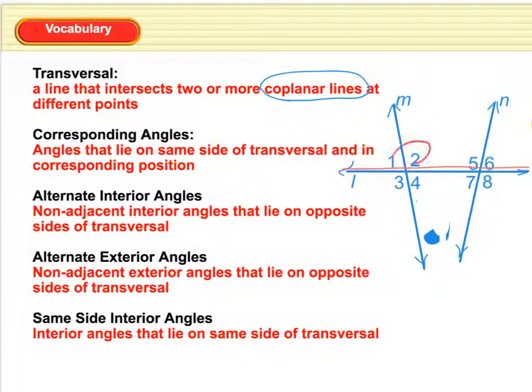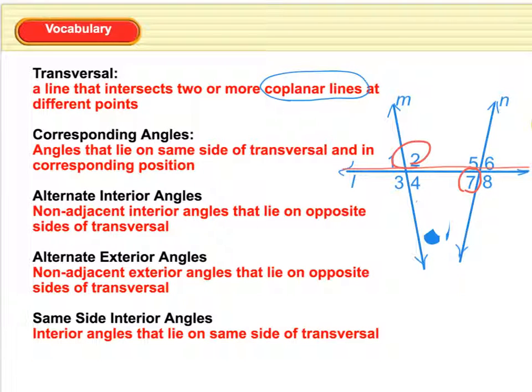Notice that they cannot be adjacent to each other either. So 2 and 4 are not alternate interior angles because they are adjacent to each other. It has to be 2 and 7 as a pair. And by the same reasoning, 4 and 5 is another pair of alternate interior angles.